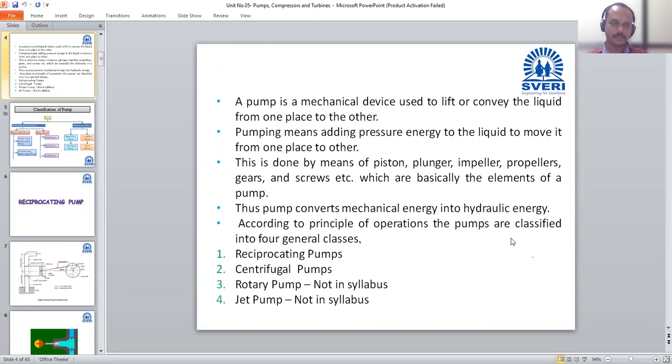And the third sentence: thus, a pump converts mechanical energy into hydraulic energy. Over?